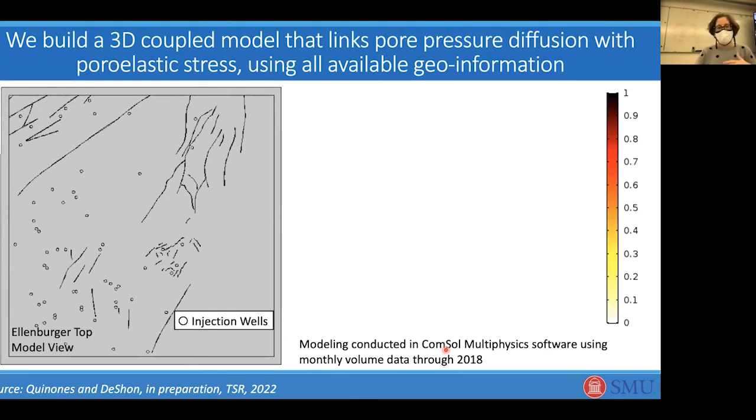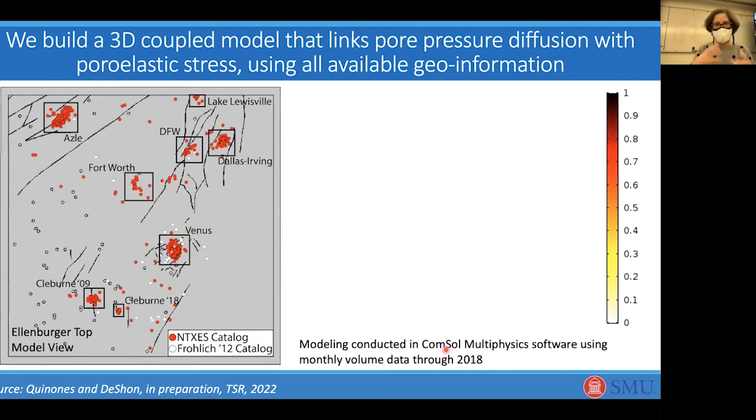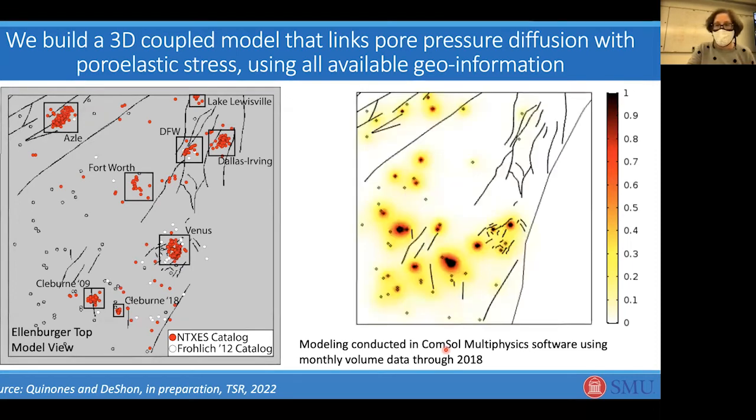He then, you know, again, just to remind you, he put all the faults in. He had to assume a permeability for the Ellenberger in the basement, but there was some data to kind of constrain the permeabilities that he used, right? He had the earthquakes. It could all go into the model. Well, the earthquakes don't go into the model, but the injection data goes in as monthly injection data.